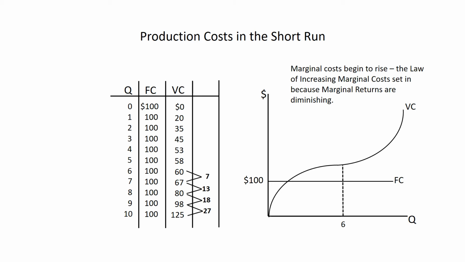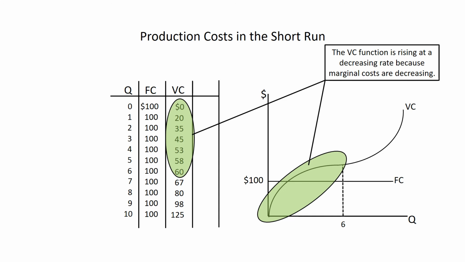As output increases from 6 to 7, variable cost increases by $7. As output increases from 7 to 8, variable cost increases by $13, then $18, then $27. The law of increasing marginal cost is setting in because marginal returns at this point are diminishing.